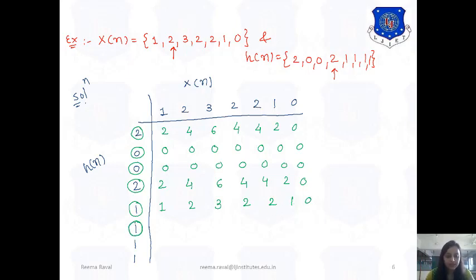Similarly, taking the next value 1, that will give the same 1, 2, 3, 2, 2, 1, 0. Next one again the same, and the last value is 1, so that will give the same values again.